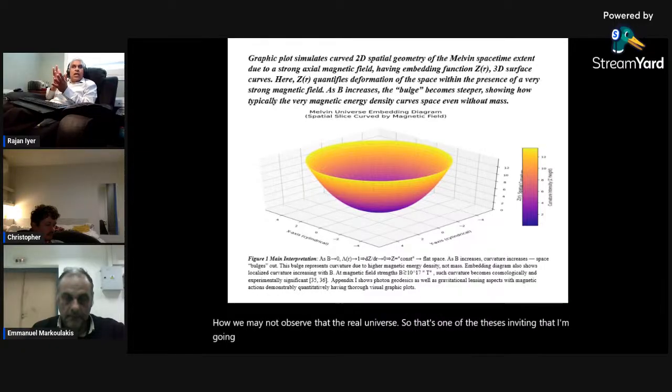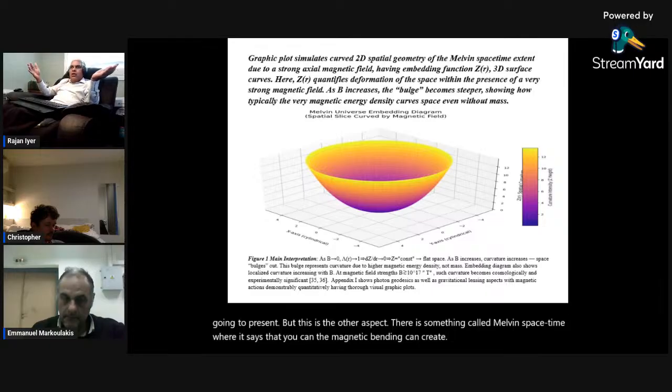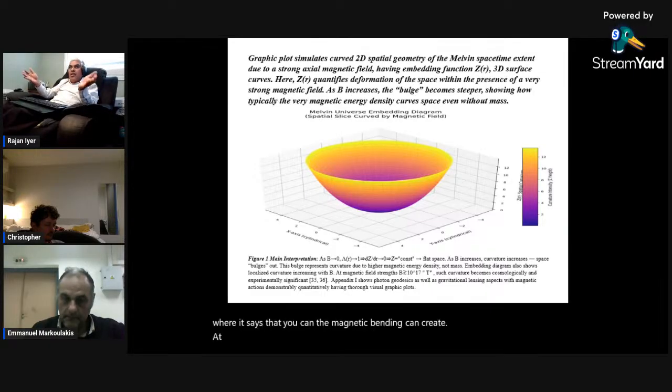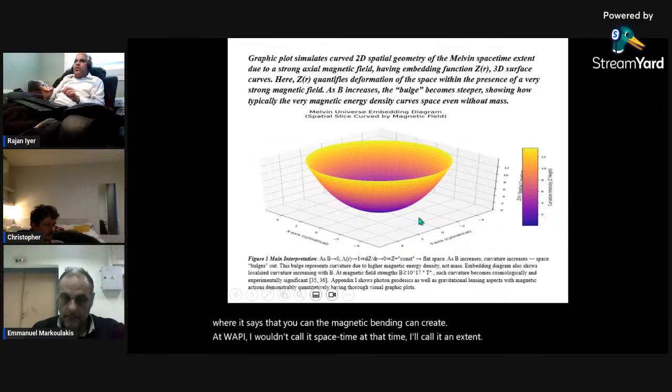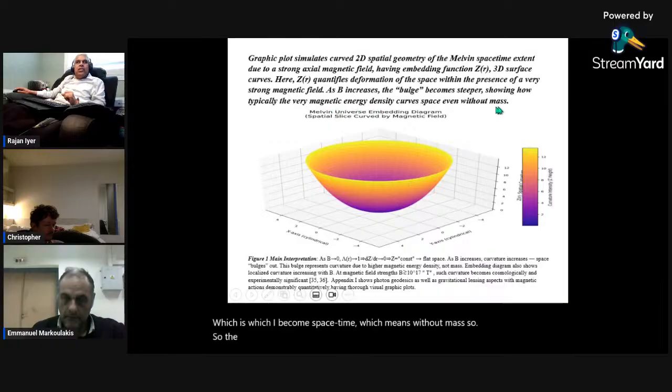But this is the other aspect. There is something called Melvin space-time, where magnetic bending can create a warping. I wouldn't call it space-time at that time. I call it an extent, which eventually becomes space-time, without mass. So the magnetic energy density curves space even without mass.